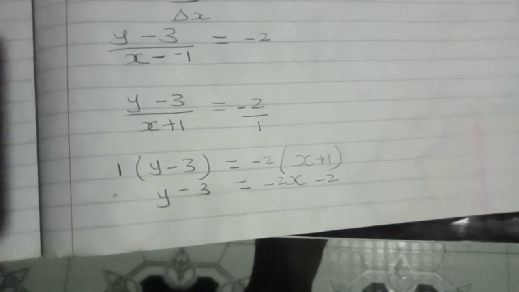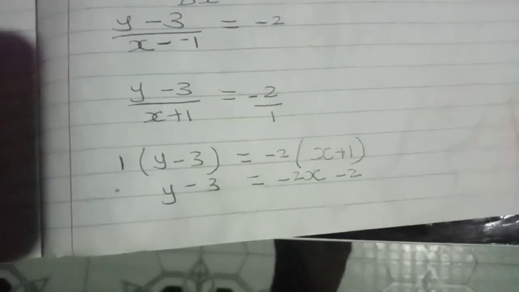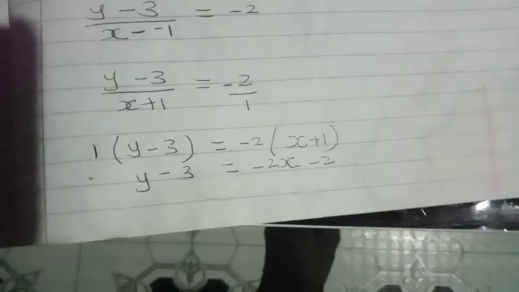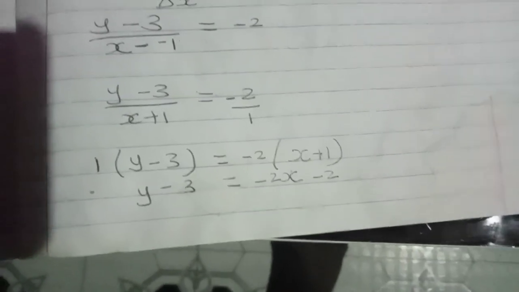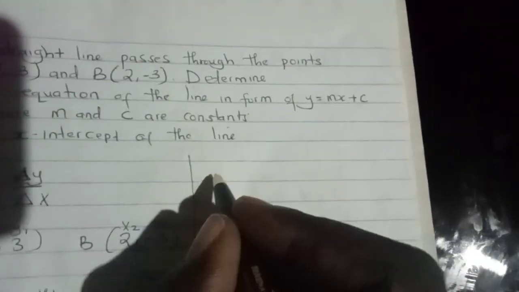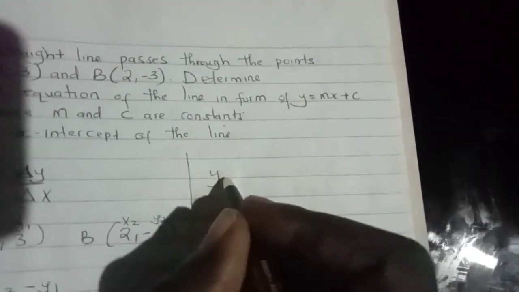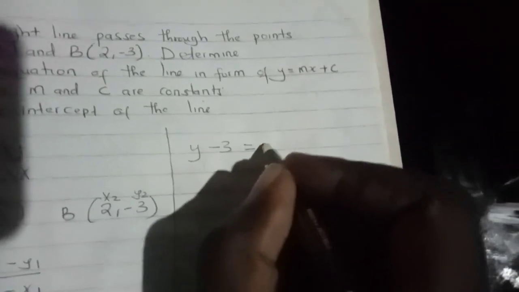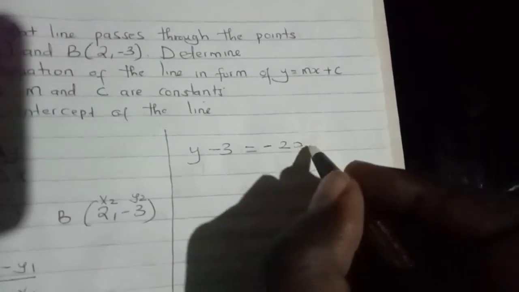And then from there we are going to collect the like terms. Remember, we are supposed to write this equation in form of y is equal to mx plus c, where m and c are constants. So we have y minus 3 is equal to negative 2x minus 2.